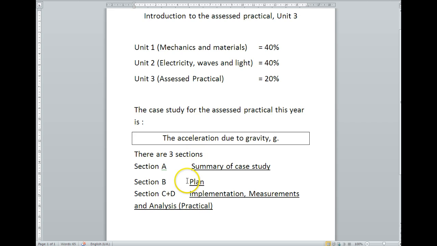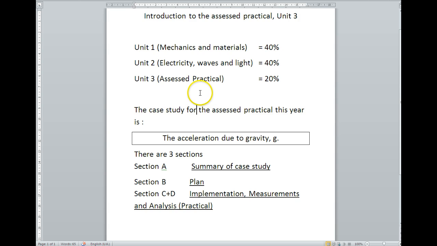So you know what you're going to be doing, so you now know how to plan that. You have to think carefully about all the equipment you'll need in order to carry out that plan, or in order to write the plan, so that you can then get the full marks for the implementation, measurement and analysis. If there are any problems, then any of the teachers will be happy to answer questions.